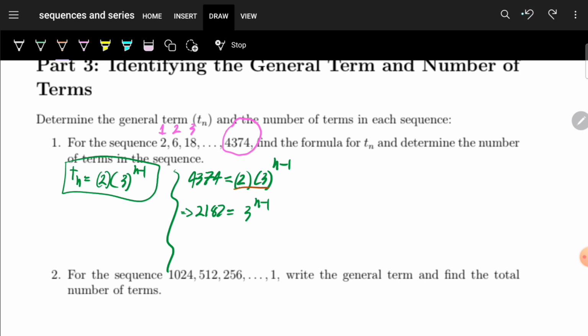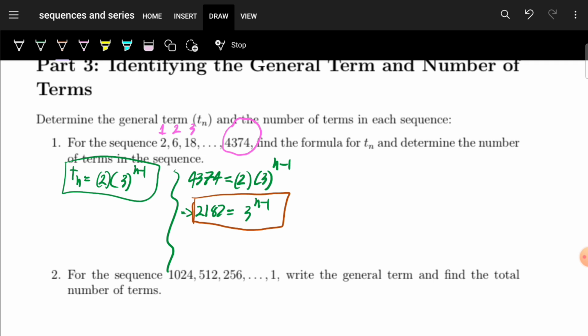Okay, so right now, the question is, how do we solve this? There's a method that we'll learn later using logarithms, but I haven't done a video on that, so I'm going to show you guys another method, something that you learn in grade 10.